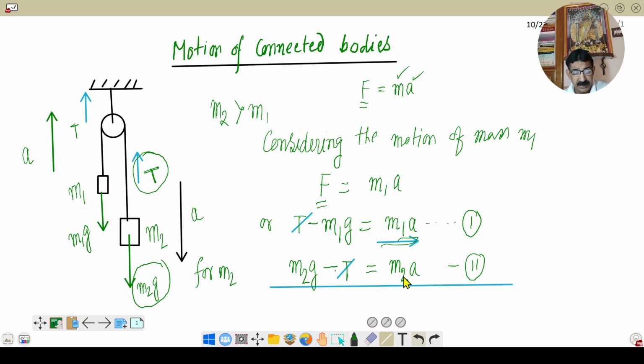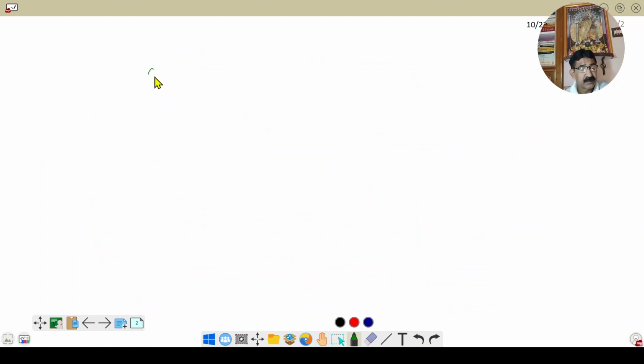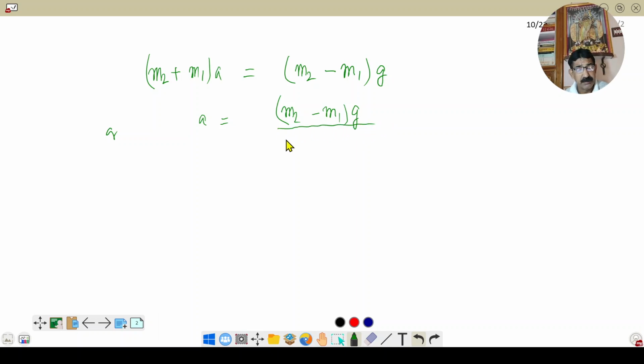We get M2G minus M1G is equal to M2A plus M1A, and this can be written as M2 plus M1 into A is equal to M2 minus M1 into G, or A is equal to M2 minus M1 into G divided by M2 plus M1.